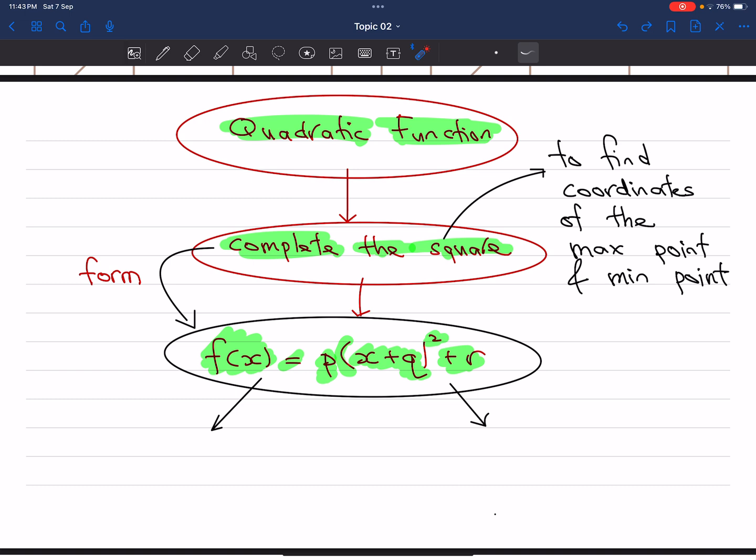If you remember, the purpose of completing the square for the quadratic function is to find the coordinates of the maximum point or minimum point.